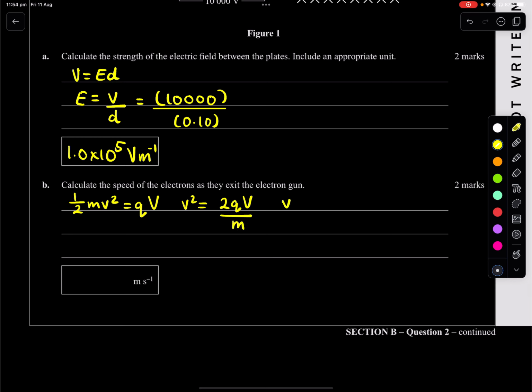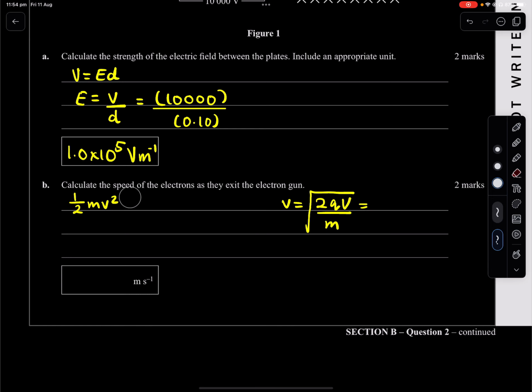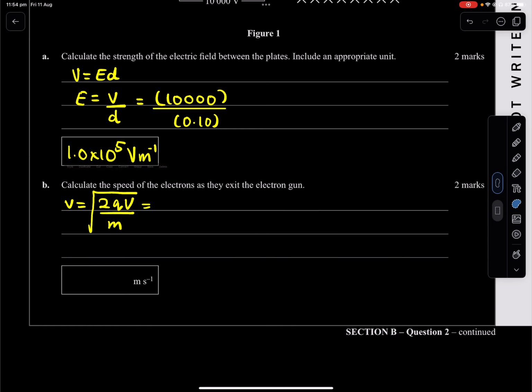So v is the square root of 2qV all over m. So let me just rub this all away. This formula right over here is all we're going to need.